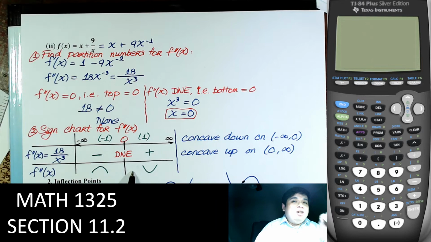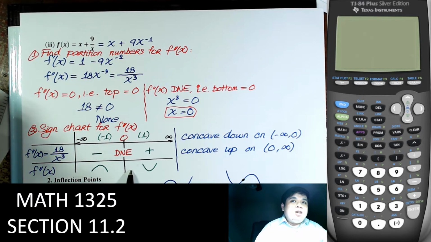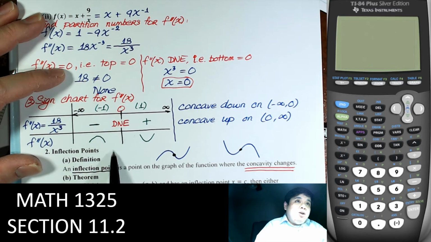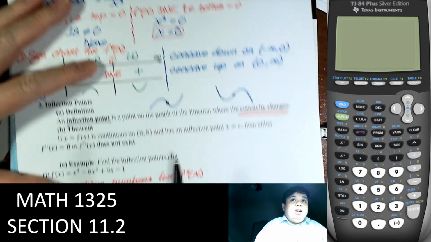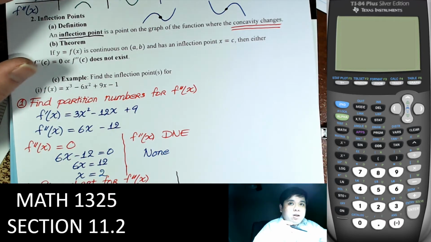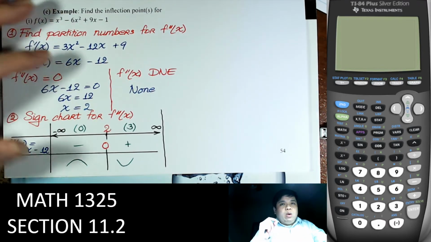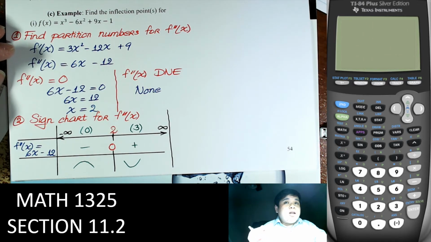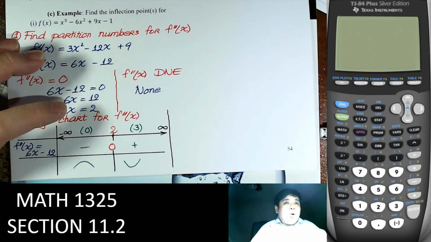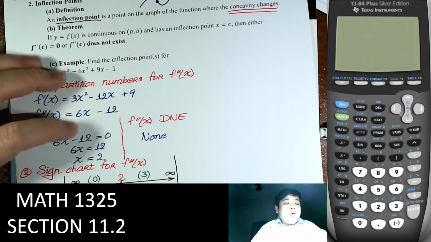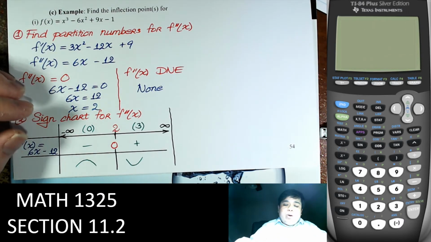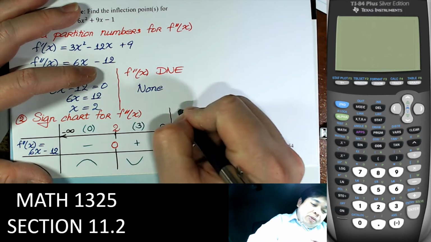Remember, inflection points, every time we refer to points, we mean a point on the graph. And if it is on the graph, it must be in the domain of the function. So whatever point we have in partition numbers, make sure it belongs to the domain of the function before we do anything. Right, in this case we do need to evaluate at x equal to 2.